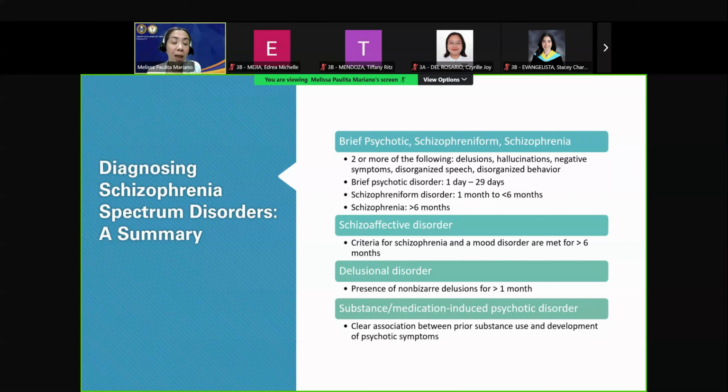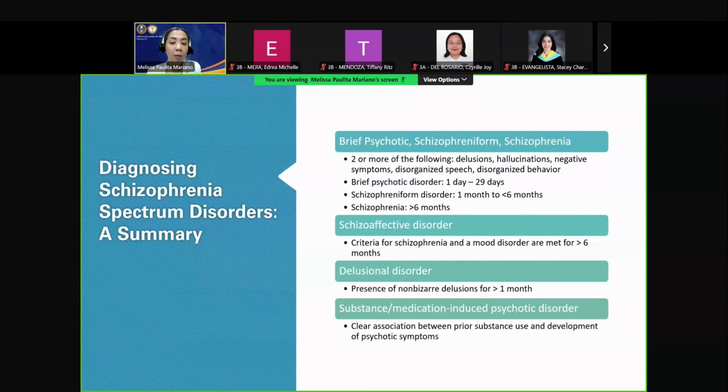And for schizophrenia, the symptoms must last for at least 6 months, 1 month of which must be active phase symptoms. For schizoaffective disorder, the criteria for schizophrenia and a mood disorder are met for more than 6 months. For delusional disorder, there should be the presence of delusions for more than 1 month.